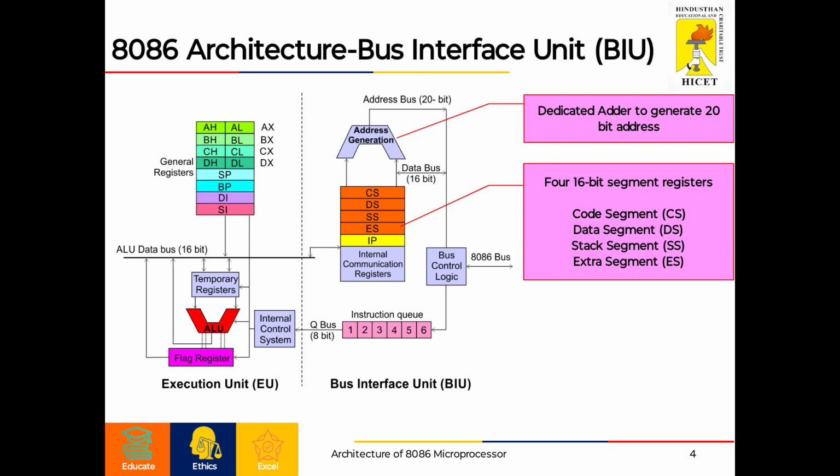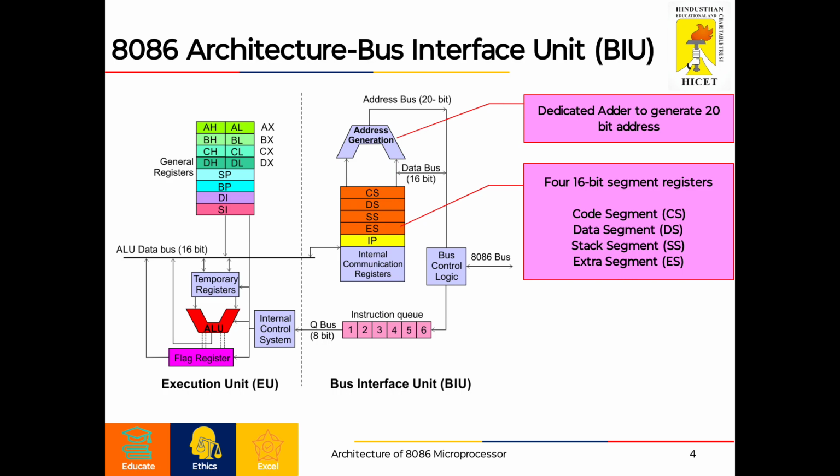This address generation unit develops a 20-bit physical address with the help of the segment registers. In the bus interface unit there are 4 segment registers: code segment, data segment, stack segment, and extra segment. So this BIU develops the 20-bit physical address.